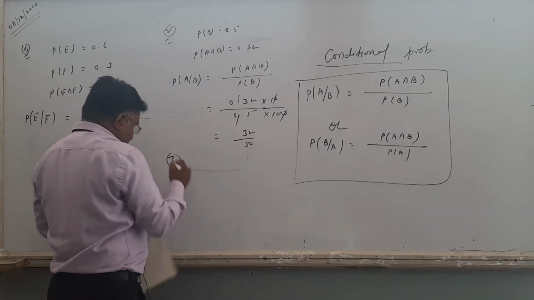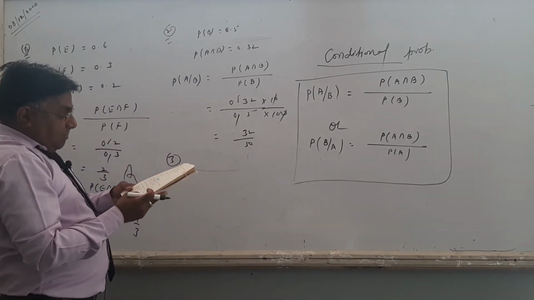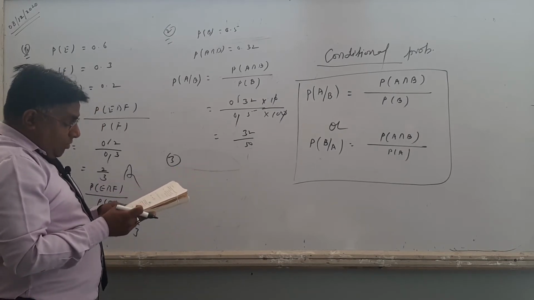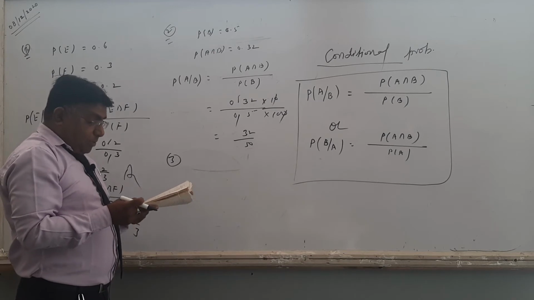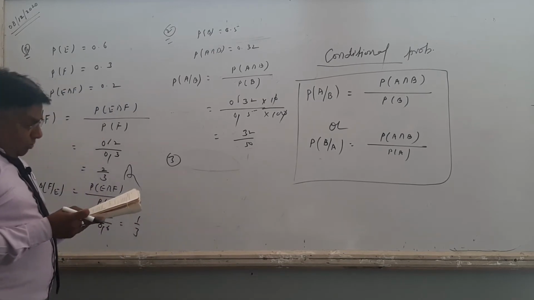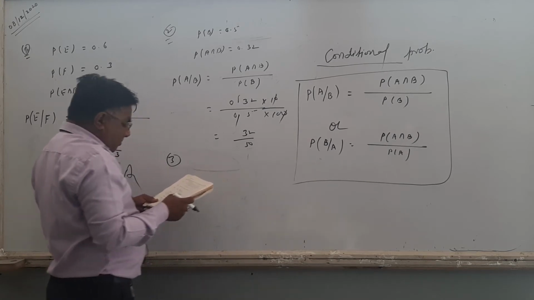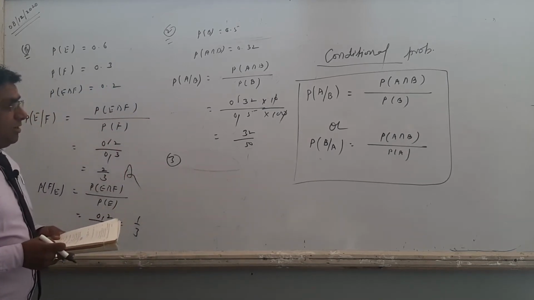Now question number third is again the same: P of A given, P of B given, P of B by A given. Now find P of A intersection B, P of A by B, P of A union B. So it is the same formula, right? P of A union B, you have to find, and P of A intersection B is given.